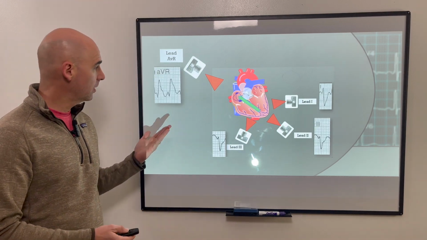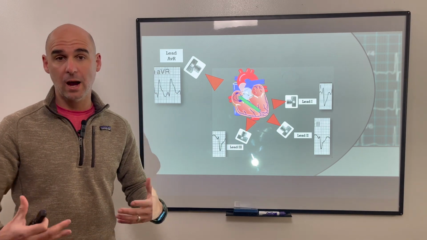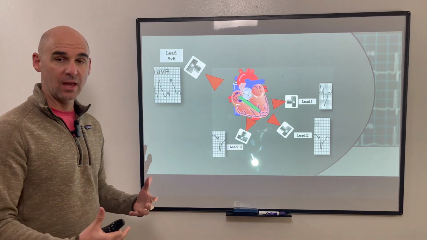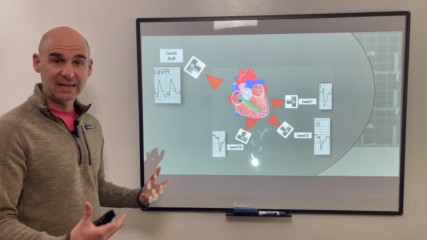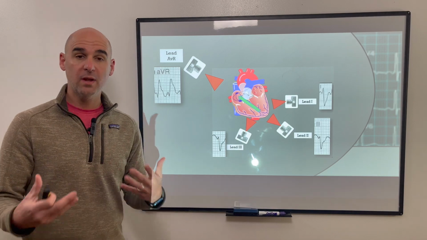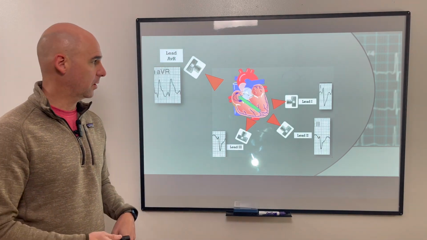And therefore, we should see a positive and specifically a wide complex deflection in lead AVR. So when we have all these things come together, we can be very certain that we have extreme axis deviation going on right now.